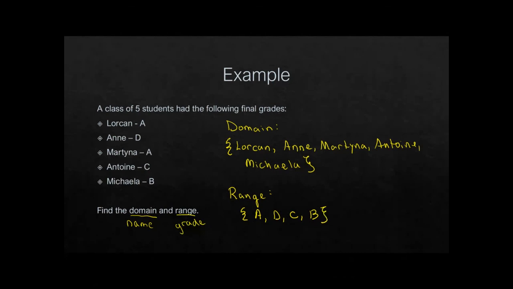So I'm just listing all of the possible grades that we have here, A, B, C, and D. I just did it in the order that I saw them going down the list, but you could put it in alphabetical order if you wanted. There's no particular order here. We're just listing what the inputs are and what the outputs are. So even though we have 5 inputs, we actually have 4 outputs, but that's okay, because it's just all the associated outputs.